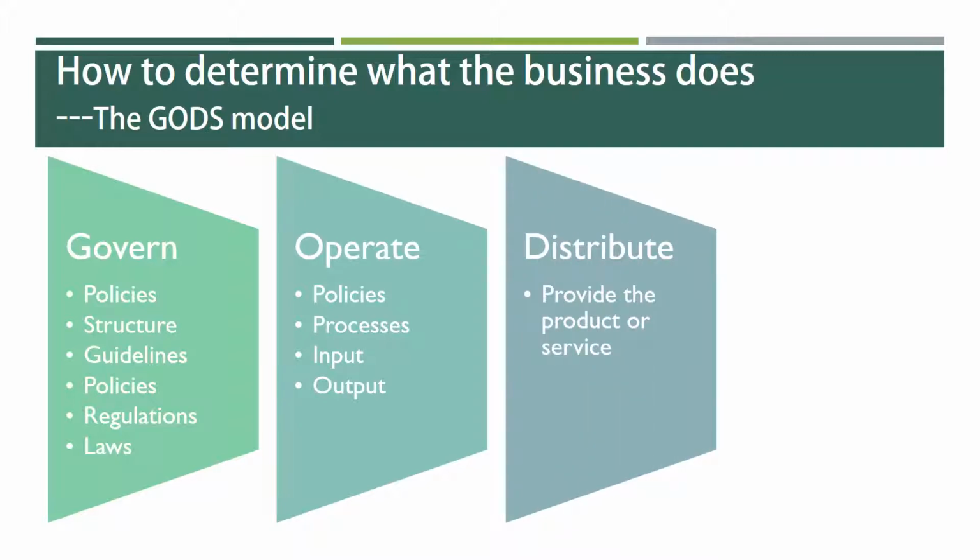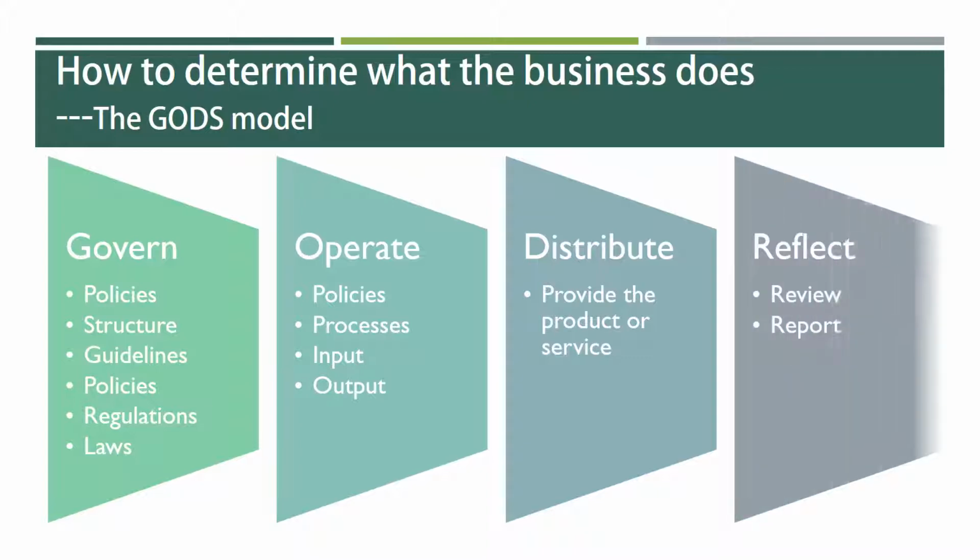You then have to distribute your product or your service to the customer. The customer may be a patient who completed a procedure. Finally, you reflect on how your process is working and what has changed. You review, you make changes as needed, and you report.